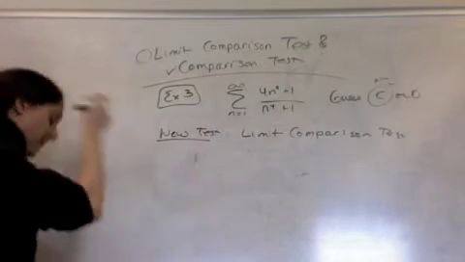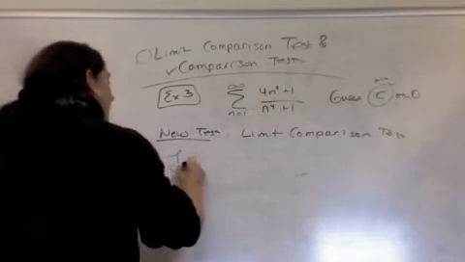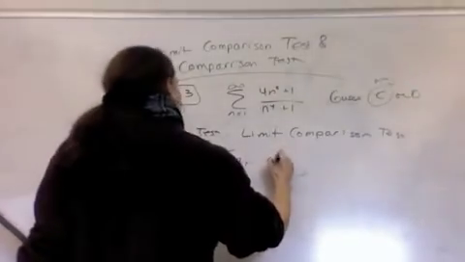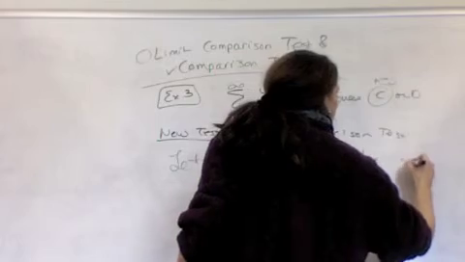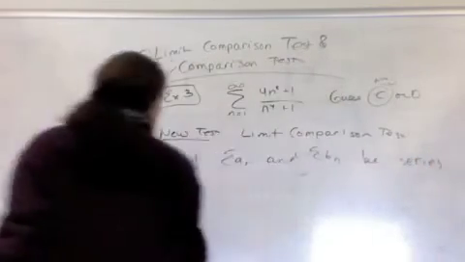So the limit comparison test says we're going to let a sub n and b sub n be series with all positive terms. So that's required for this.